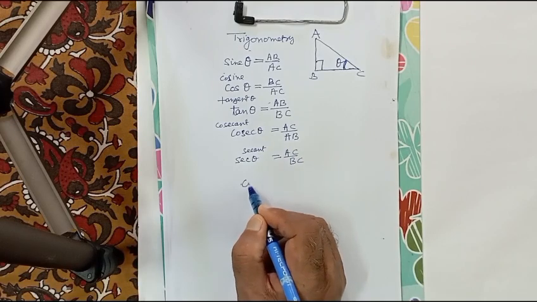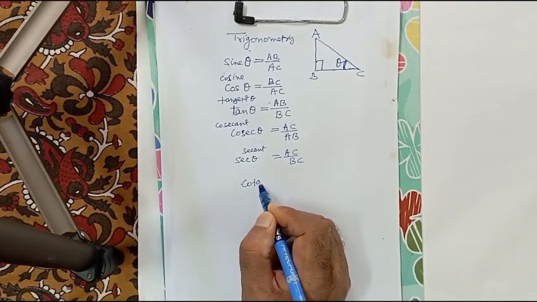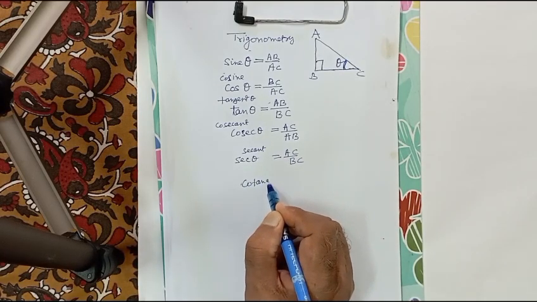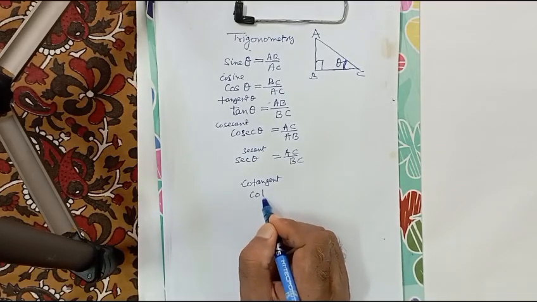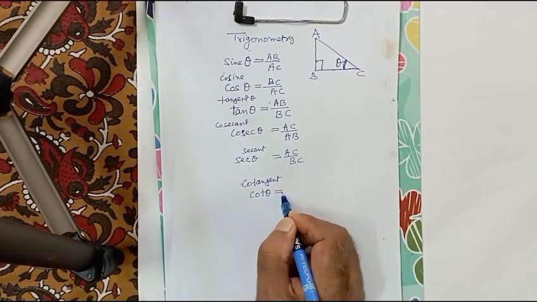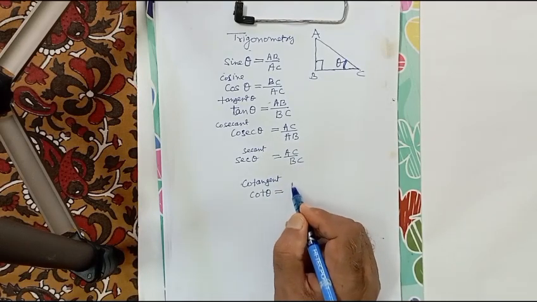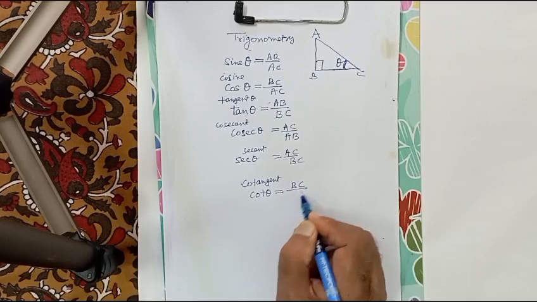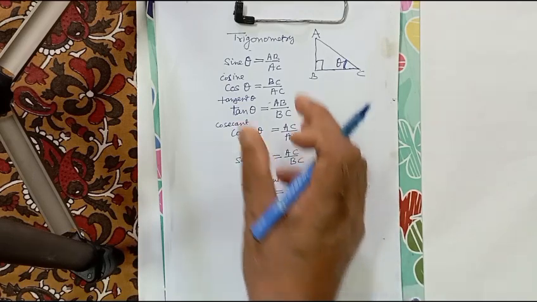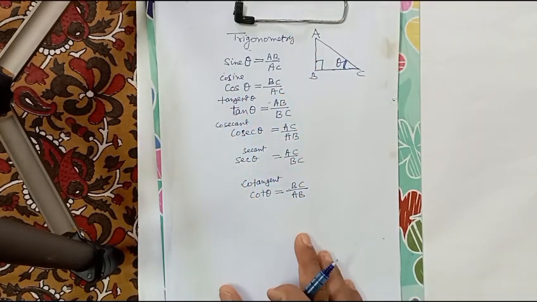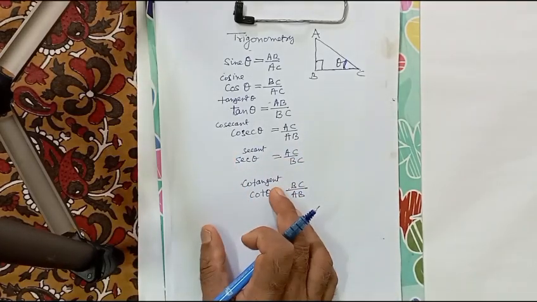And the last is cotangent or cot theta, which is equal to base upon perpendicular, that means BC upon AB. So these are the six trigonometrical ratios which you must learn.